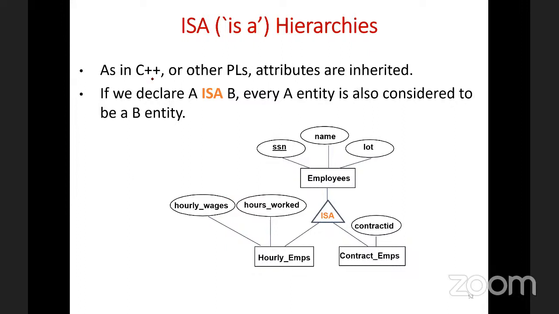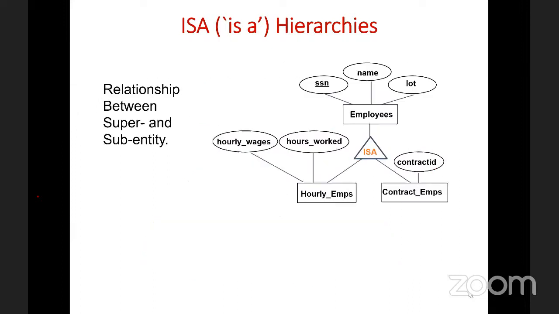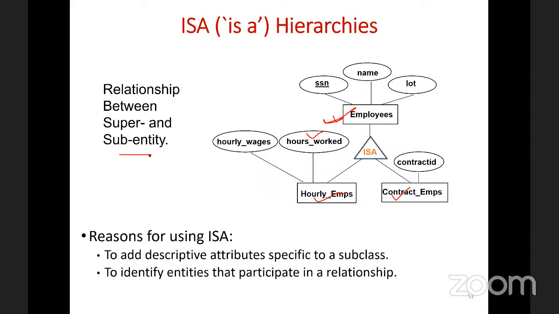Remember that whatever attributes there are of employees, all these attributes will be true for the subclasses, although they are not being shown here because there is a relationship. Whatever attributes of employee are there, all those are there for hourly employees as well as contract employees, right? Here we say that employee is a super entity, and hourly employees and contract employees are the sub entities. Why are we using this is-a hierarchy?